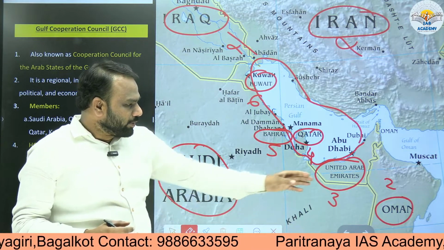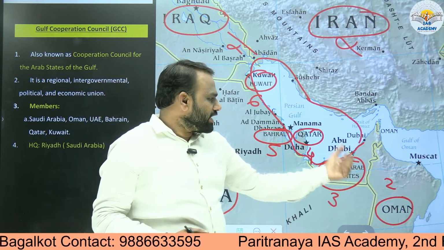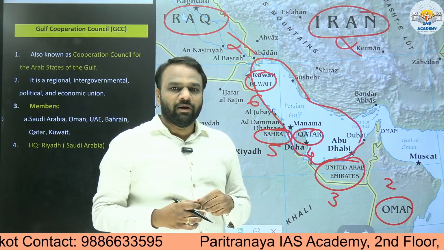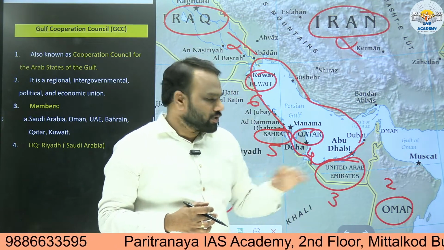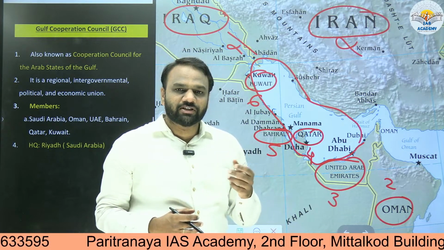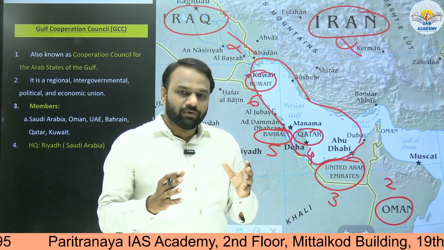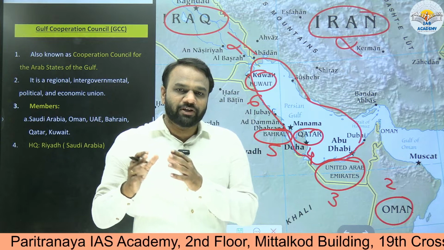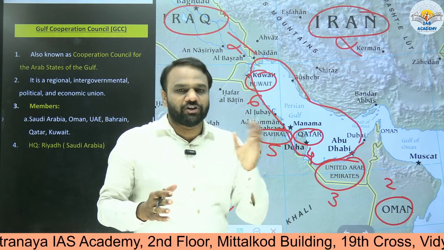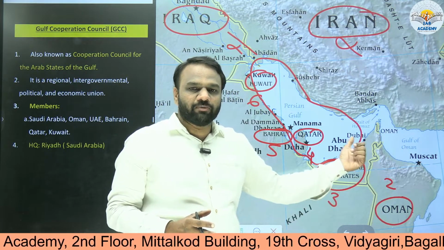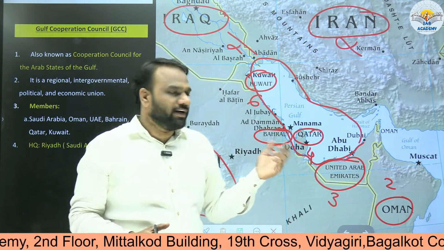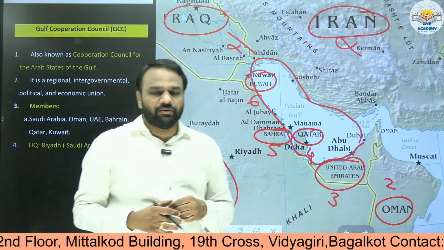Similarly, Oman does not share its border with the Persian Gulf, but despite that, Oman is a member of the Gulf Cooperation Council. Even this is important. In order to confuse us, they may say all the members of the GCC share their border with the Persian Gulf. Even that will be wrong, because Oman does not share its border with the Persian Gulf, and in spite of that, it is a member.